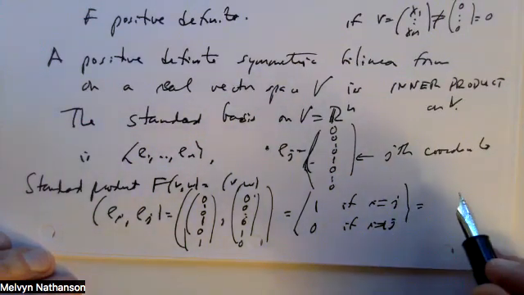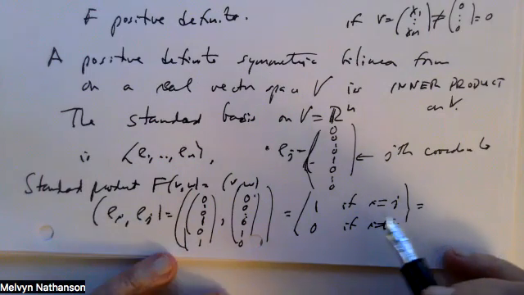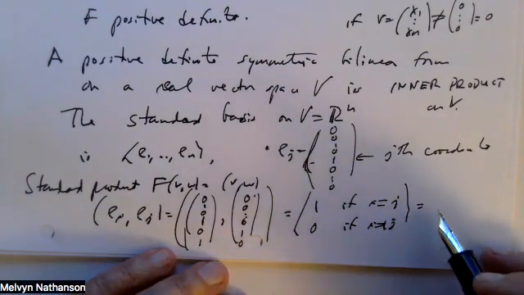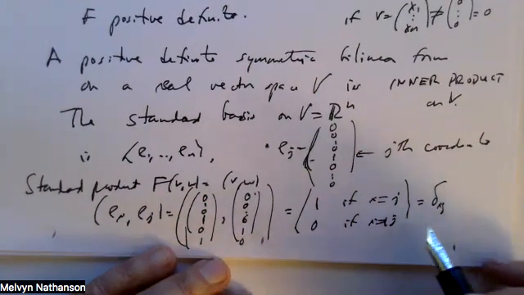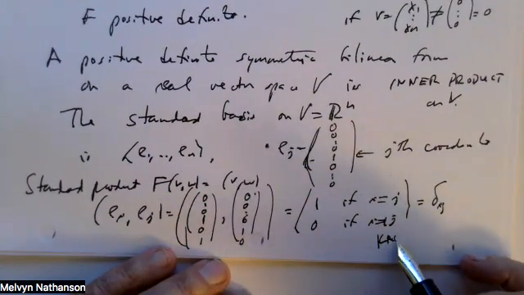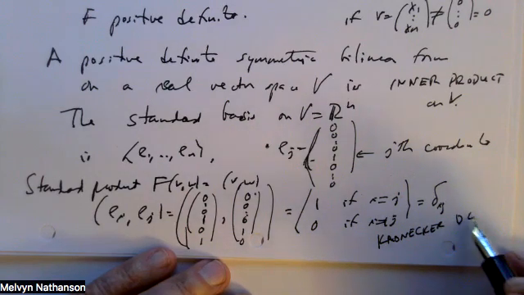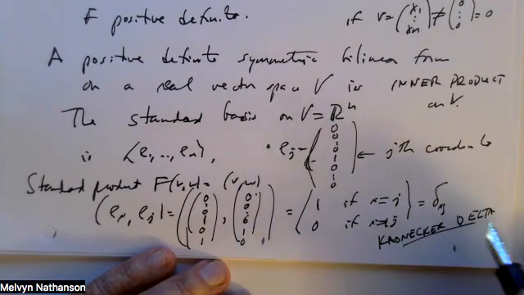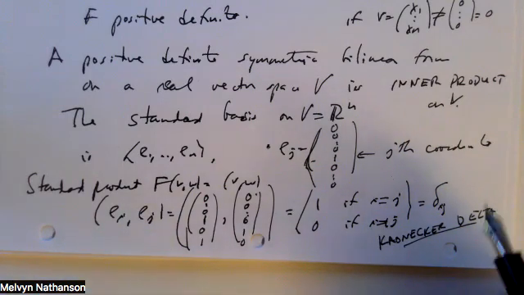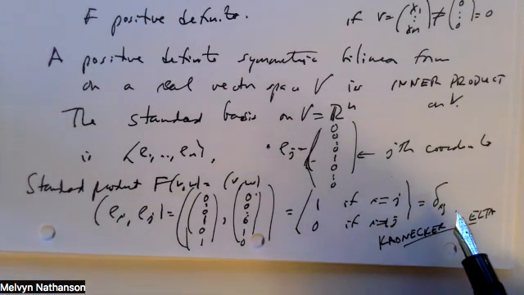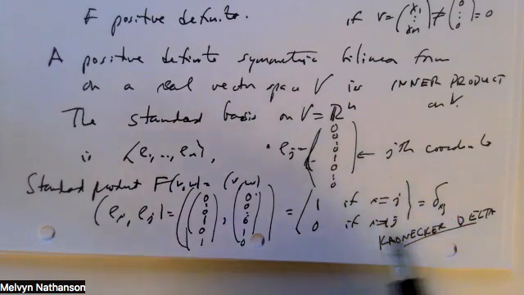And this function, which is 1 if i equals j and 0 if i is different from j, is sometimes written delta ij, and this is called the Kronecker delta. So the Kronecker delta is this function of two variables, delta ij, which equals 1 if i equals j and 0 otherwise.